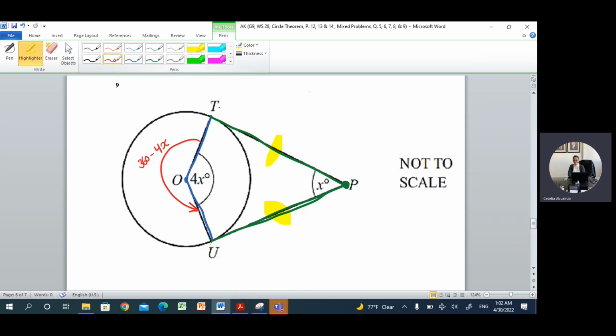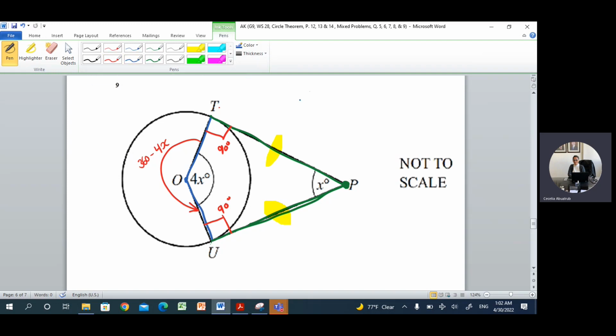And this means as well that the angle between the radius and the tangent is 90 degrees, and the radius and this tangent, it's 90 degrees. And we can see a polygon.